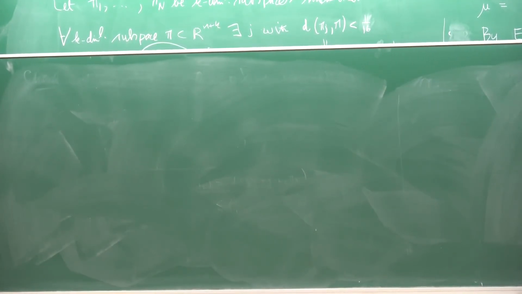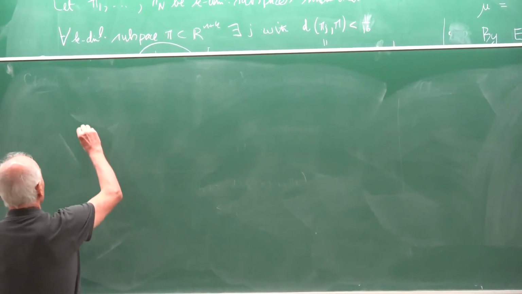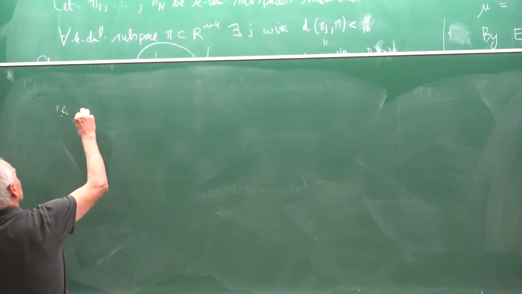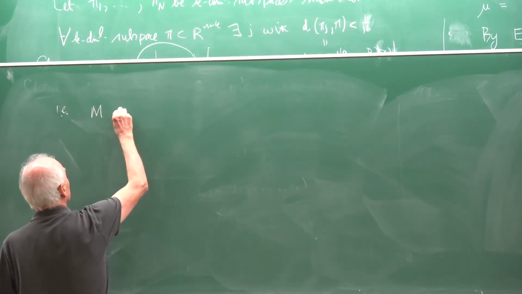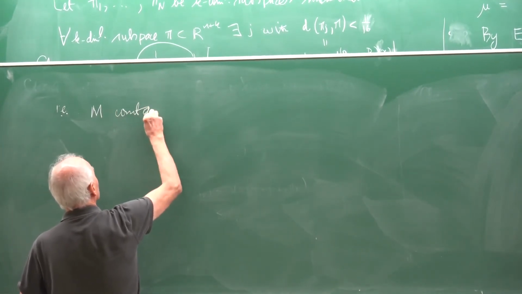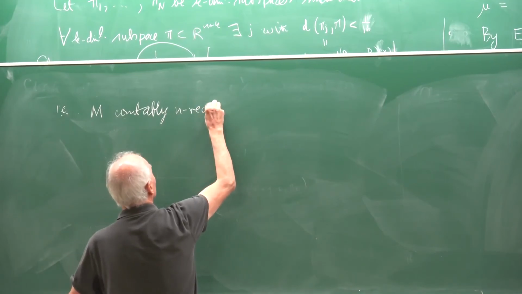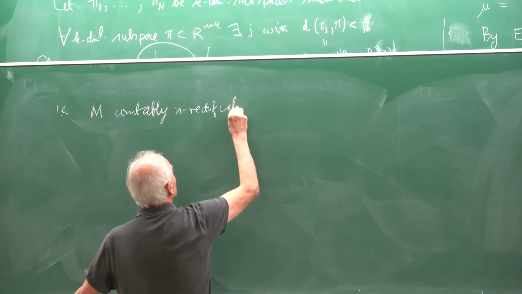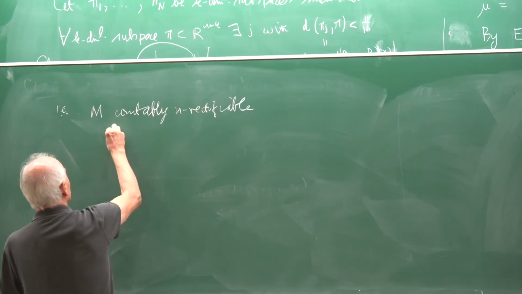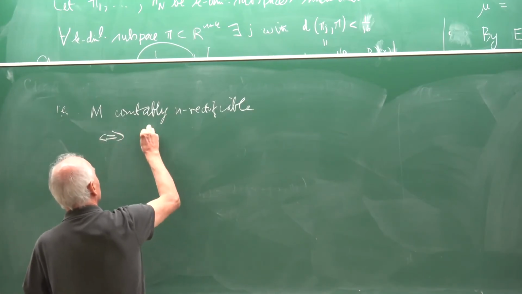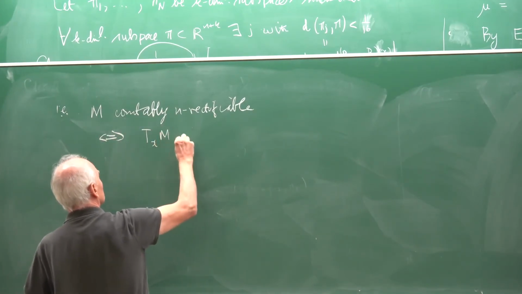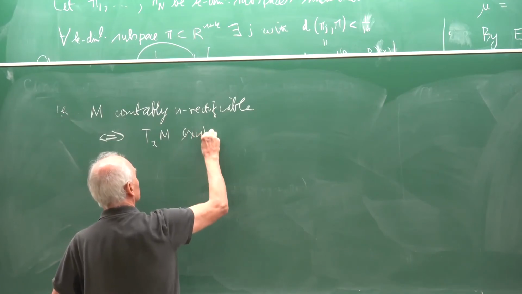What we proved is that M countably n-rectifiable is equivalent to T_x M, the approximate tangent space, existing almost everywhere.